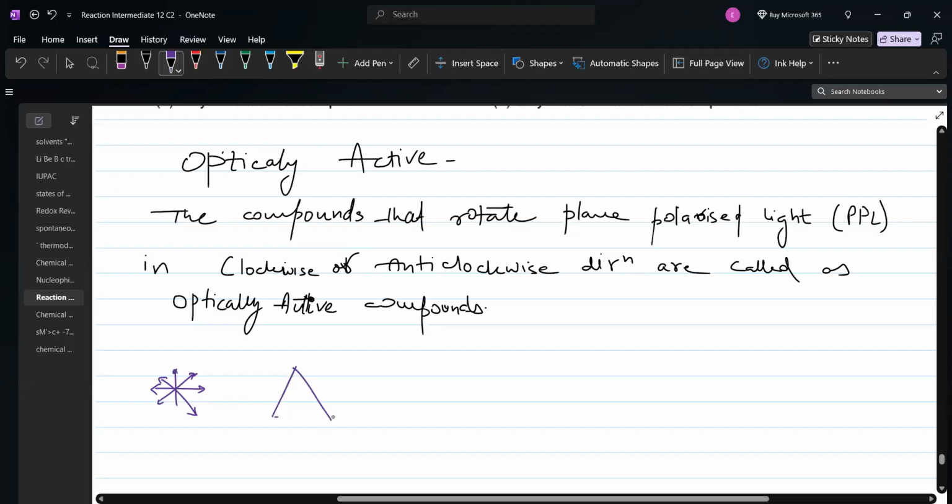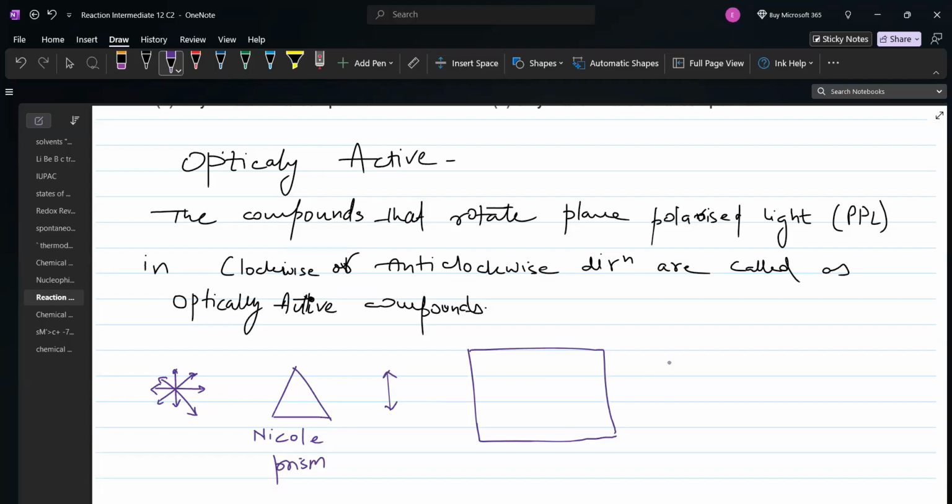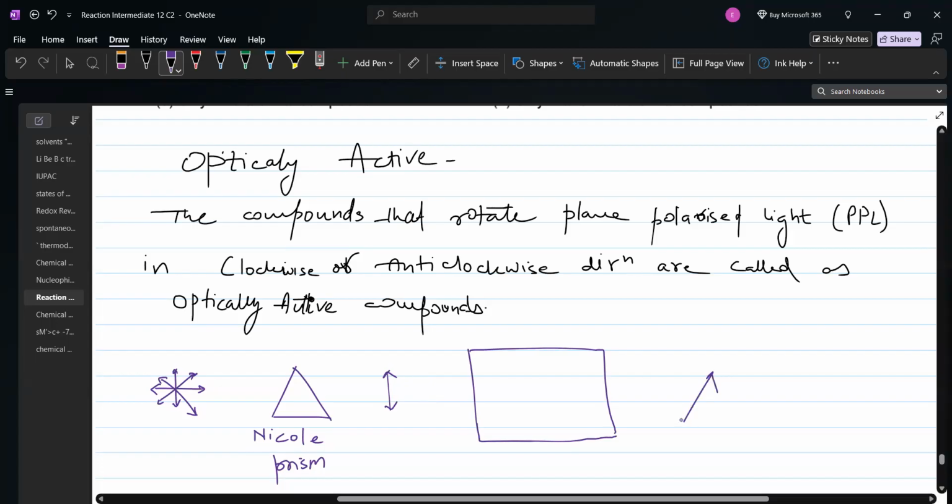We have a Nicol prism here, and we use it so that the oscillation of this electromagnetic radiation is fixed in a single direction. That is why it is known as plane polarized light. We use this so that we can check whether the oscillation direction of these EM waves has been changed or not.